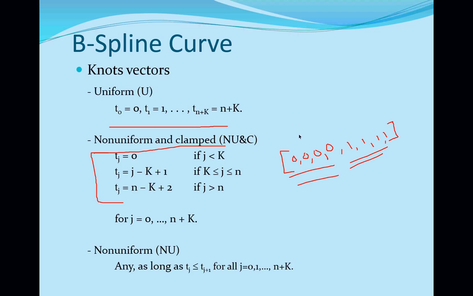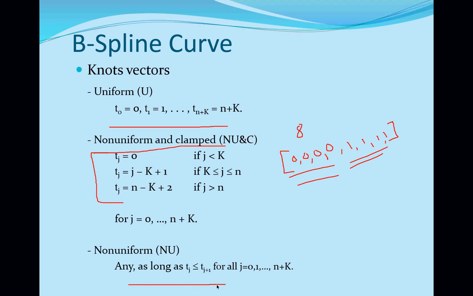I have here 8 knots. Each set could be the same or could be different, and u does not vary from 0 to 1. Of course, here it is varying because I have taken 8 knots, and k is equal to 4. k minus 1 is the cubic order.